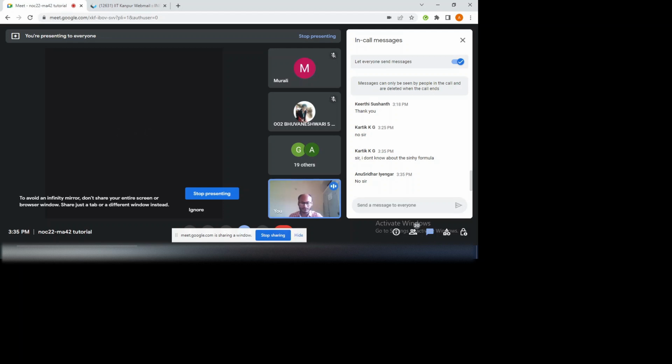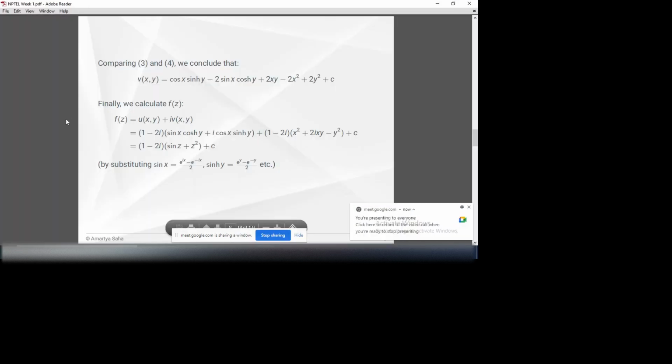Okay, so you say that you do not know the sinh y formula. So yeah, you can treat this as a definition of this sinh y formula. You can find these in any standard textbook, or for that matter Wikipedia also, but yeah, these are standard formulas, or rather standard definitions. So you see, one thing. If you are familiar with the sin x formula, this looks pretty similar, isn't it?